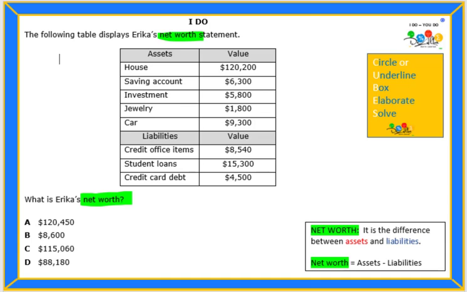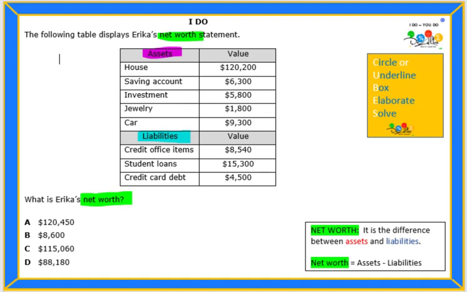To find the net worth, we take all of our assets, which are the positive values because they are things that we own, and we subtract the liabilities, because the liabilities are the negative values, things that we still owe to somebody or have to pay off.